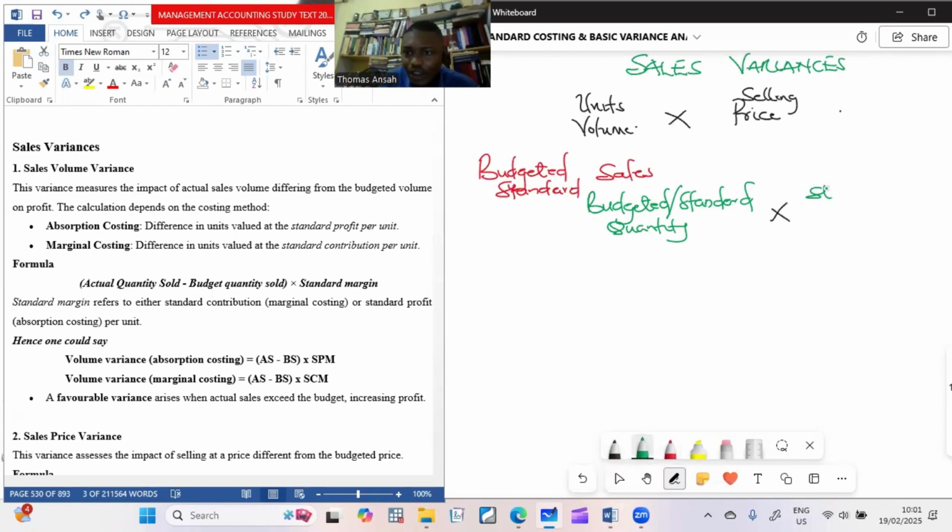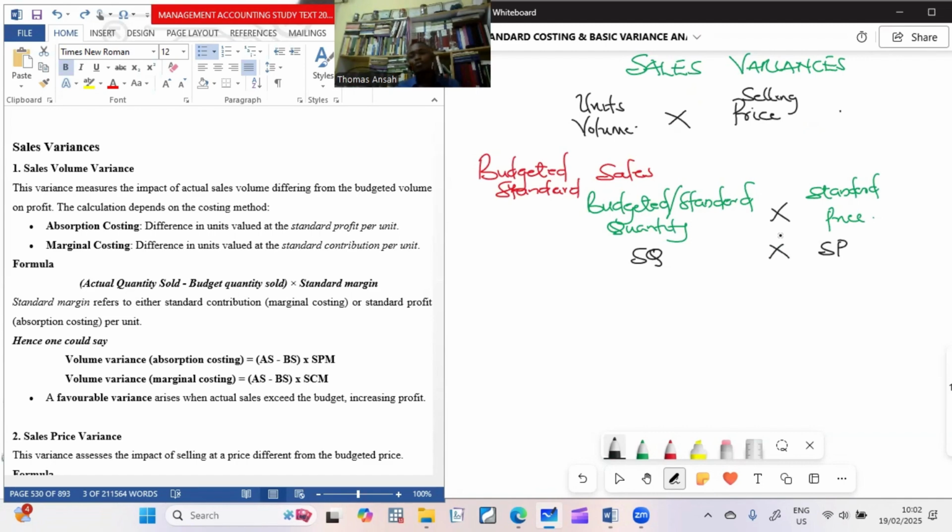The standard price or the budgeted price. Then I will get my budgeted sales. So don't be surprised to see SQ, which is the standard quantity, multiplying the standard price. It's as simple as that.